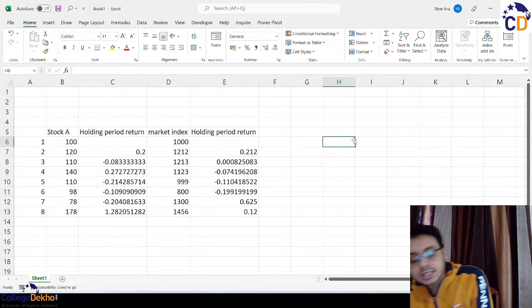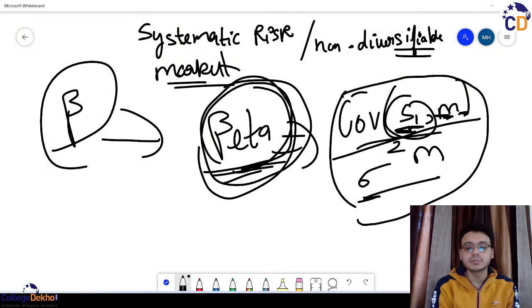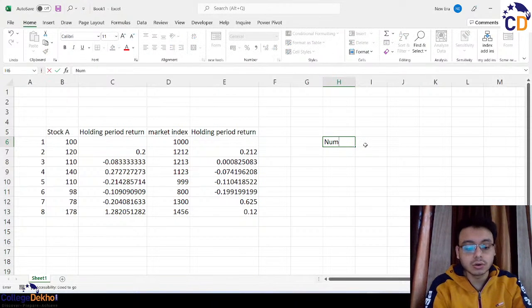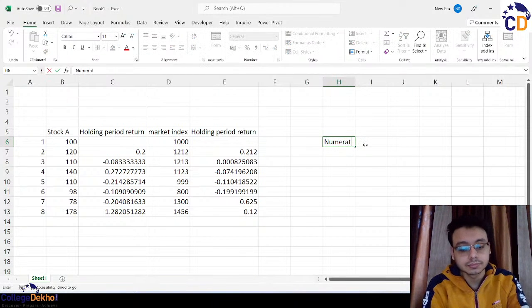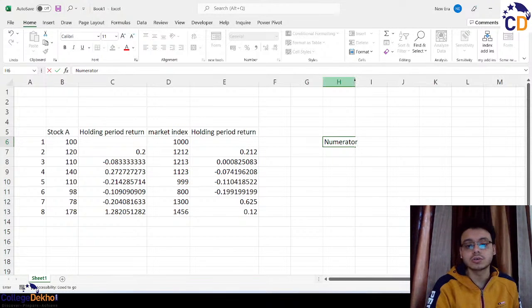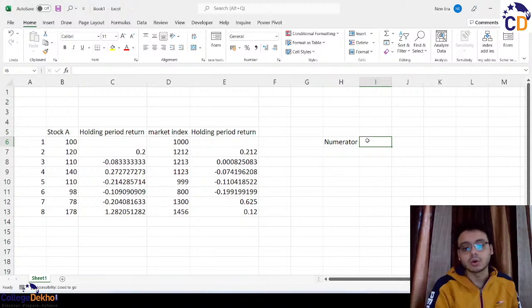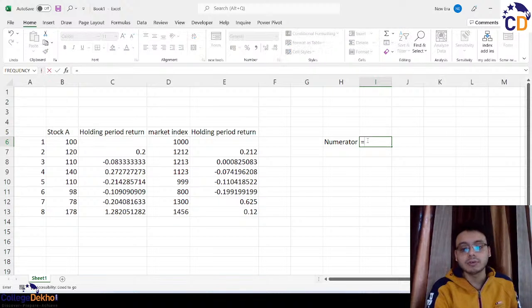Now, in the formula, we have to calculate the covariance of the market returns and the security returns in the numerator. Firstly, let's go for the numerator, and I will tell you the shortcut also, in which people don't even have to calculate the covariance. In the numerator, we have to find the covariance.